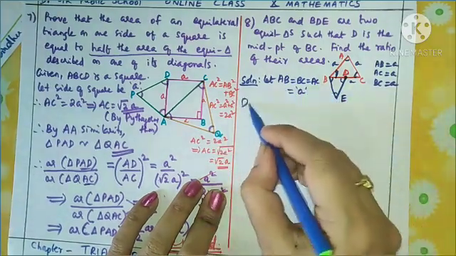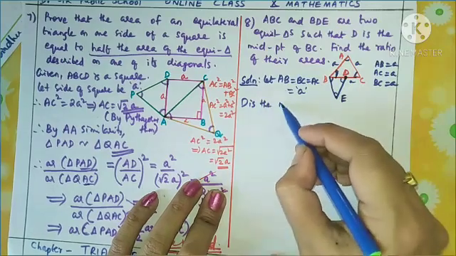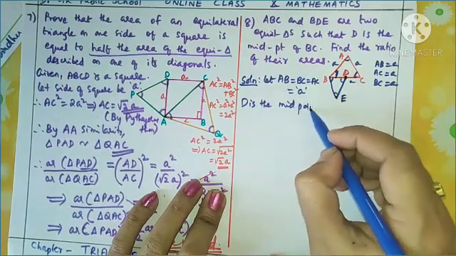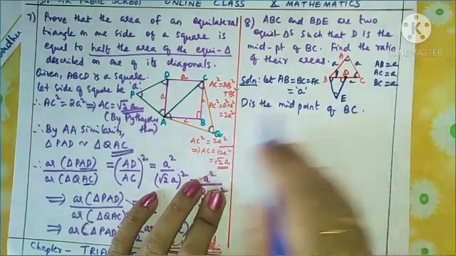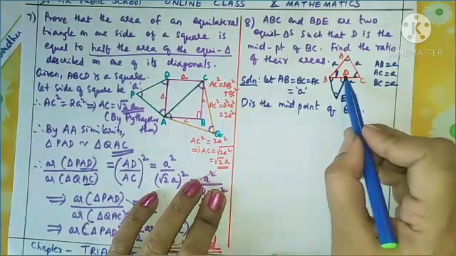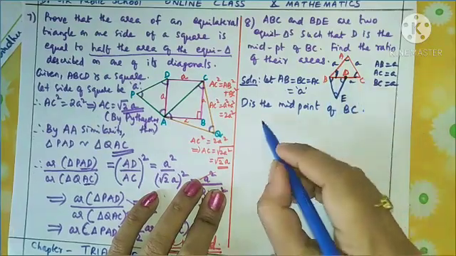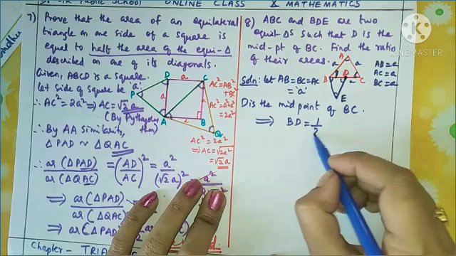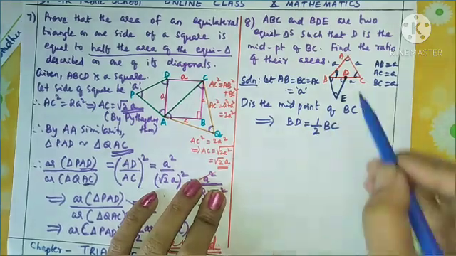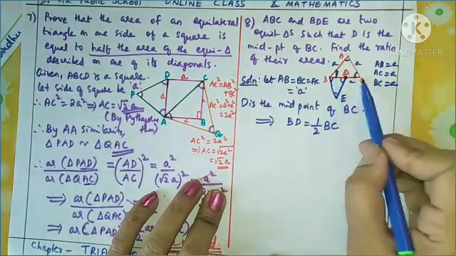Now given that D is the midpoint of the side BC. When D is the midpoint of BC, can you write BD is equal to half of BC? Yes, when D is the midpoint, it is half of BC.